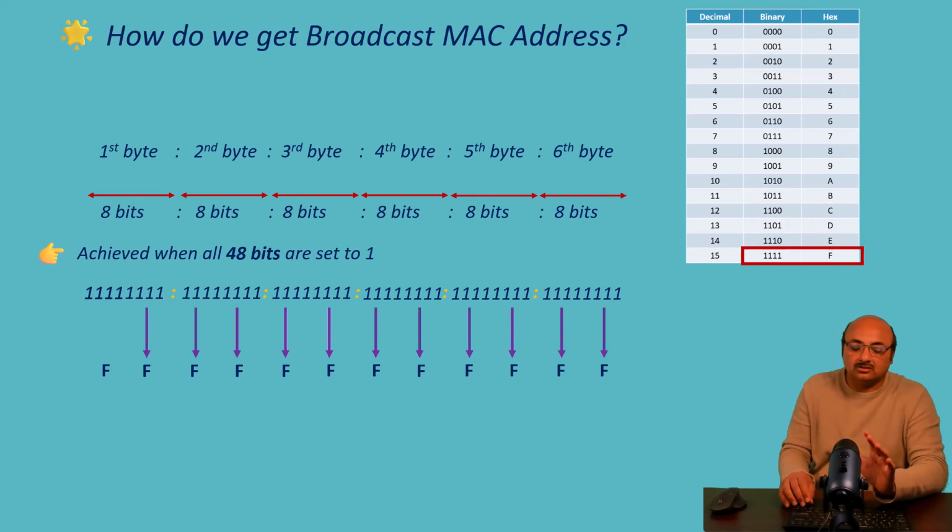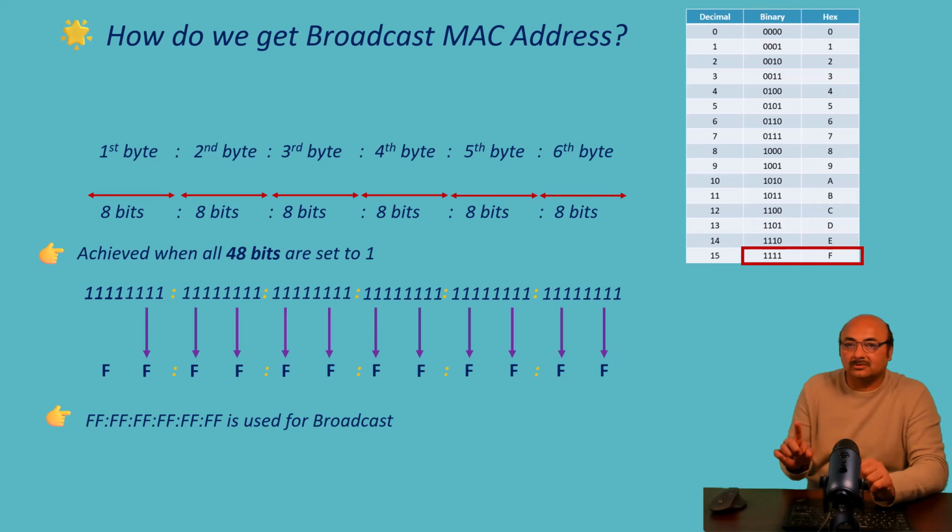So in summary, we can say 12 Fs is what is used for representing a broadcast address. So this would look like this. All Fs. If all 12 hexadecimal characters are set to F, that means you have a broadcast MAC address.